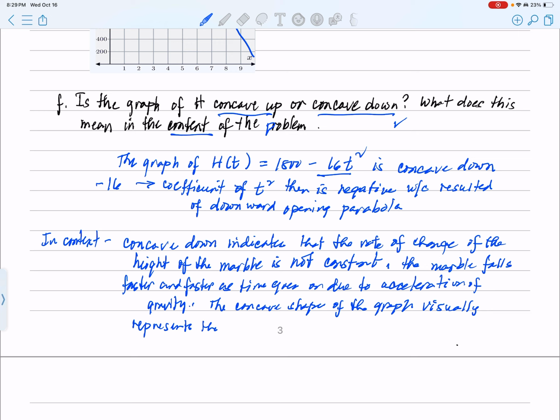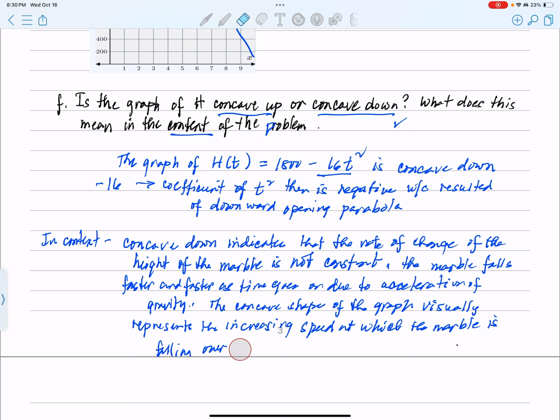The increasing speed at which the marble is falling down over time.